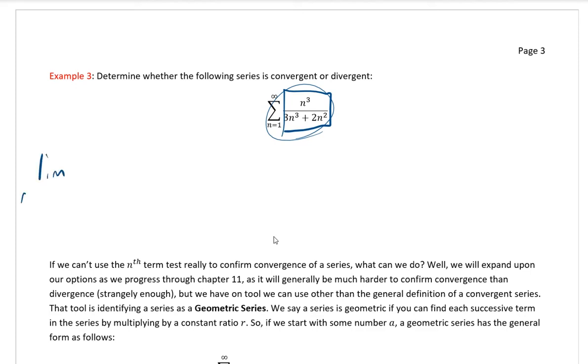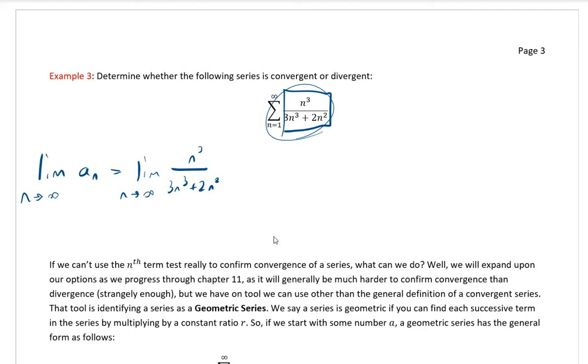So I do the limit as n approaches infinity of a sub n, so the limit as n approaches infinity of n to the third over 3n cubed plus 2n squared.